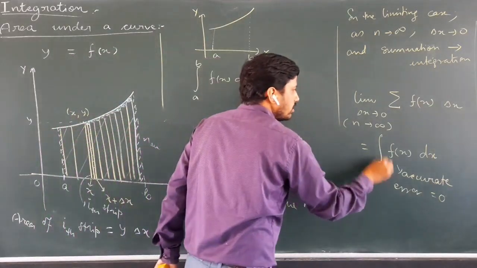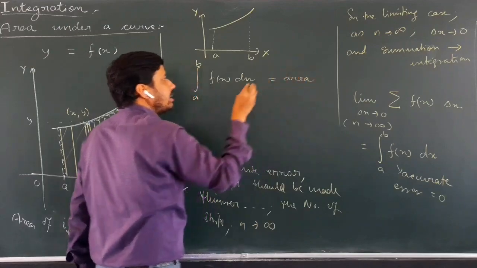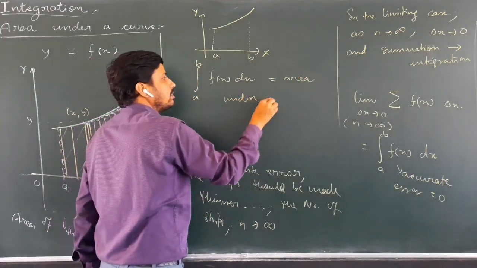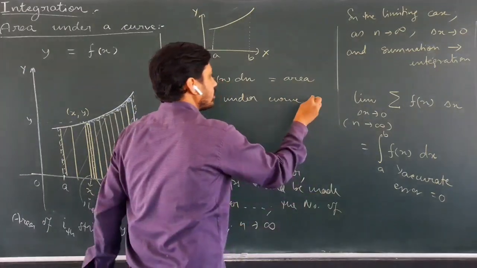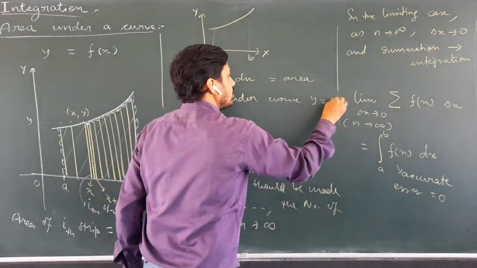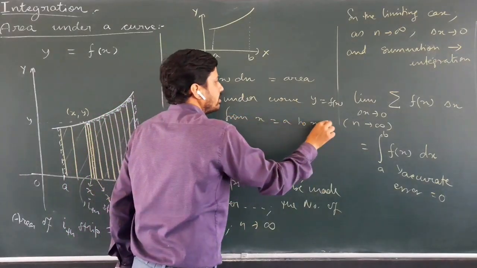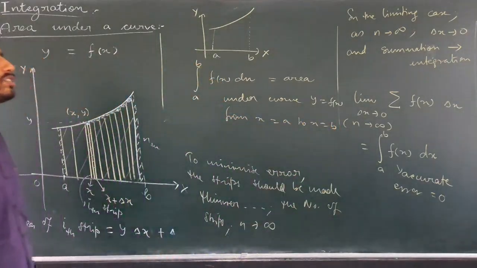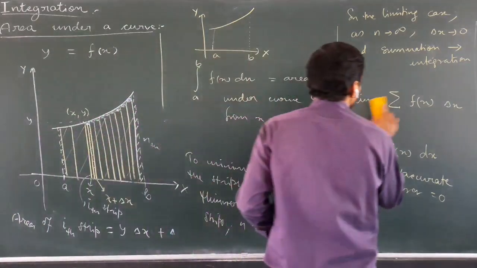Here also I should have written, this is nothing but the area under the curve. Which curve? y equal to f(x), from x equal to a to x equal to b. This is the geometrical interpretation for integration of a function.